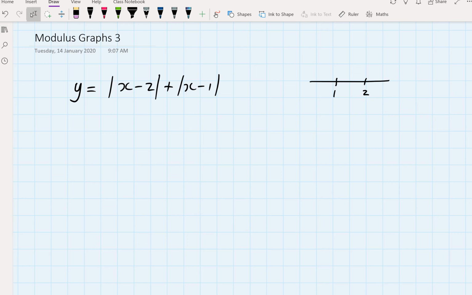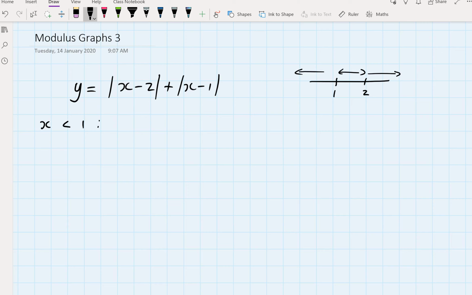So I've got three different zones. I've got this zone here, the zone between 1 and 2, and then the zone to the right of 2. So here I need to construct three different equations, and I need to have those three zones carefully set up. To begin with, I'm going to look at what happens when x is less than 1.